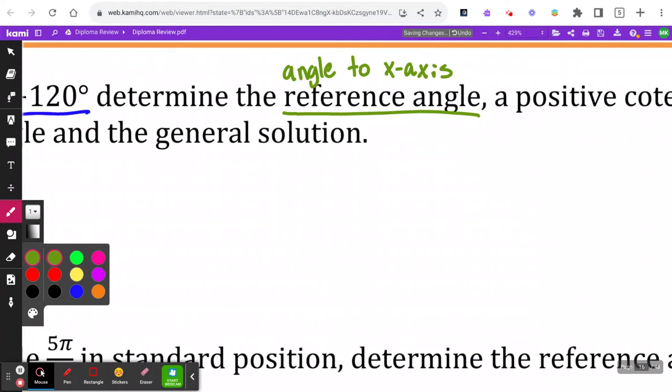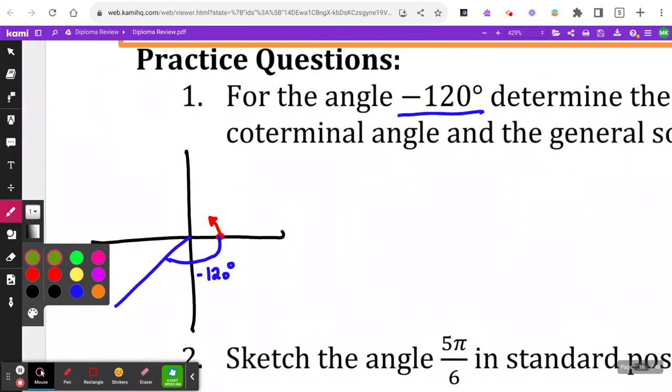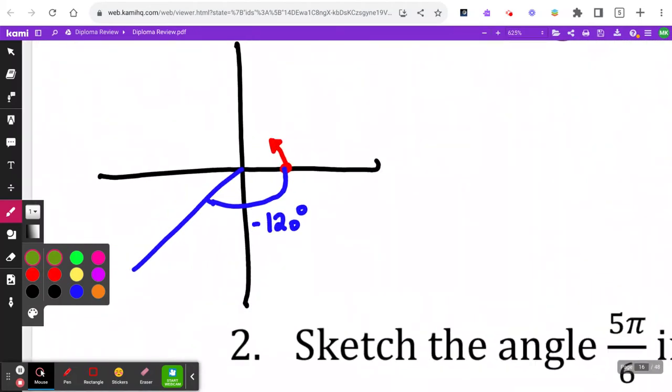Reference angles are always in between 0 and 90. So they're always positive, and it can't go bigger than 90 because if it went bigger than 90, then there was actually a different x-axis you were closer to. Right? You've measured to the wrong one. So our reference angle for this question would be right here. That is my reference angle.